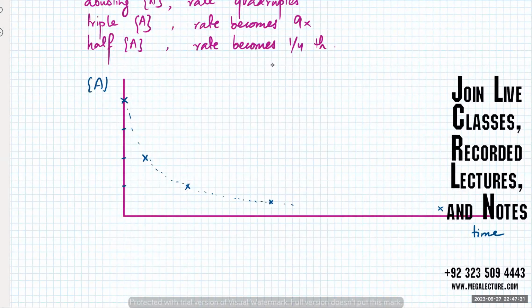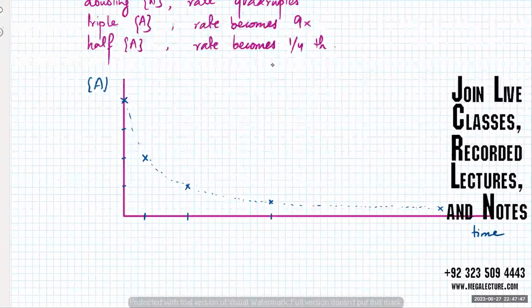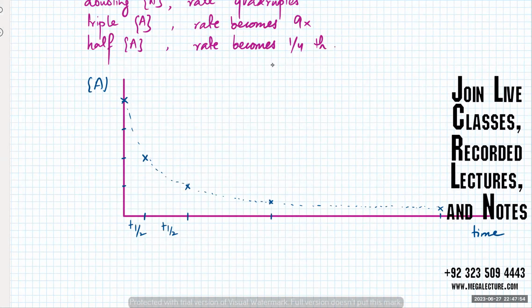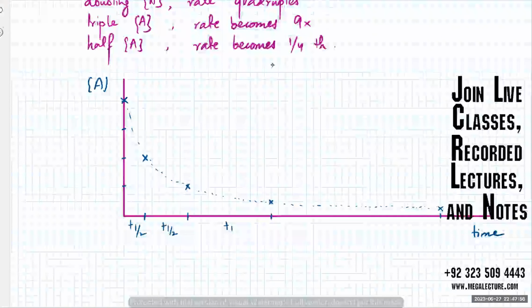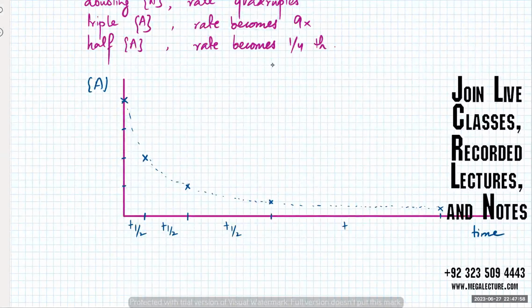Basically what's happening is that the half life is doubling. The reaction is just slowing down too much. As it's getting used up, it just keeps on slowing down. So this is the half life, the first one. This is the second time it decreases by half. Third time, fourth time. So each half life is double the previous half life.